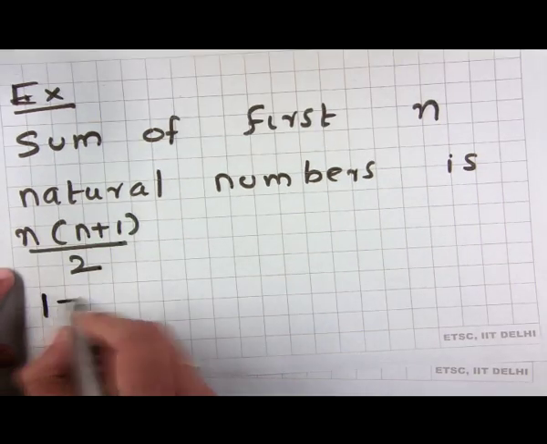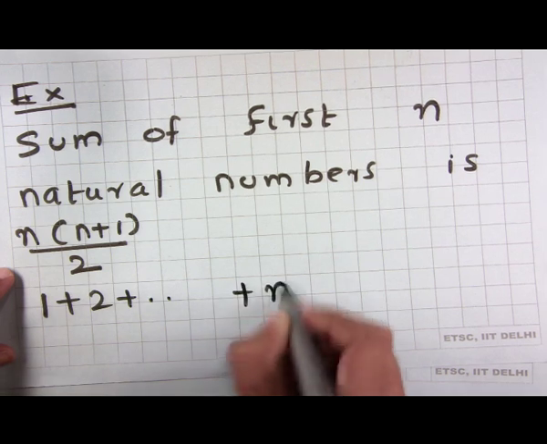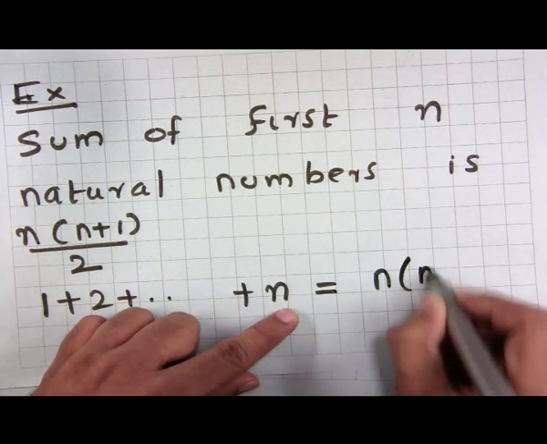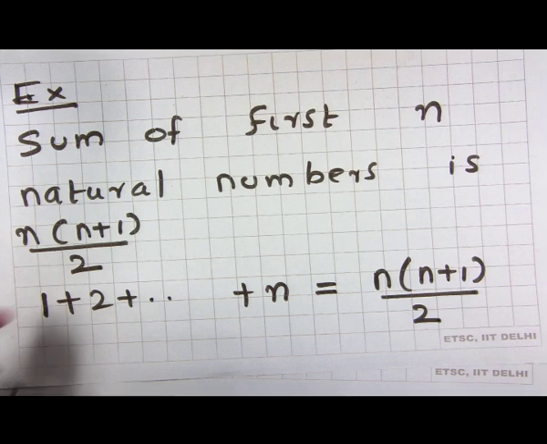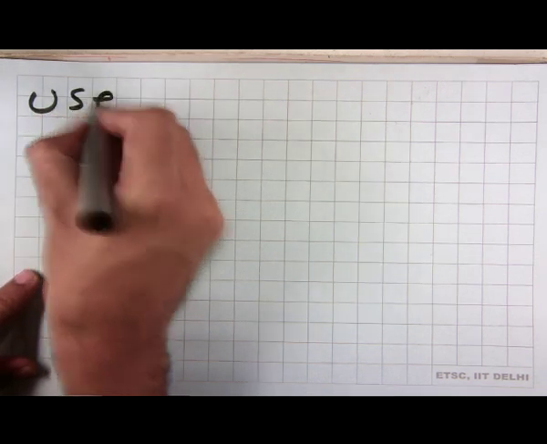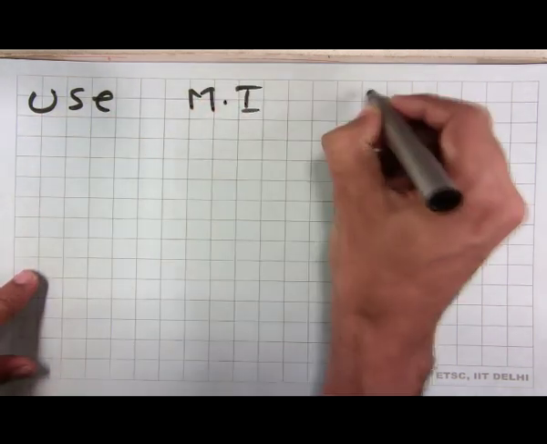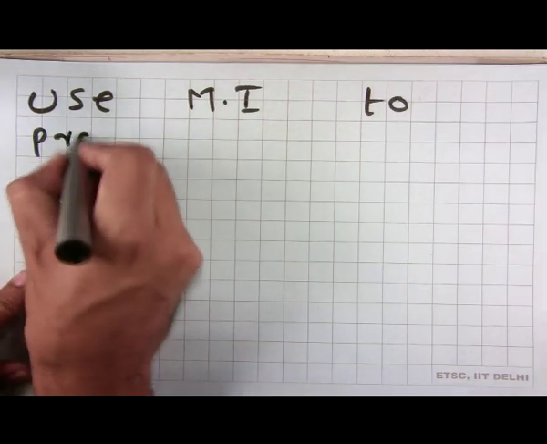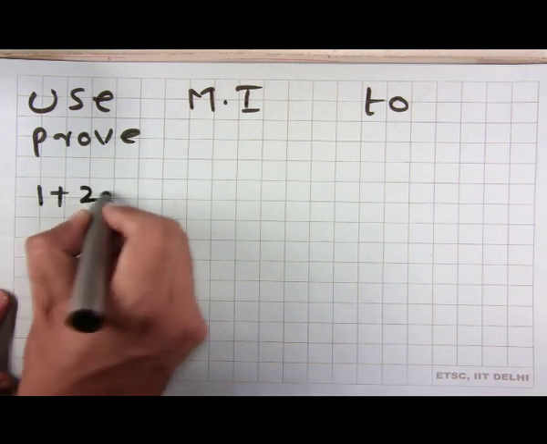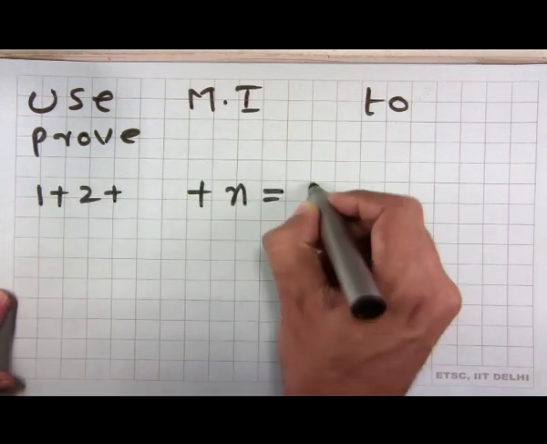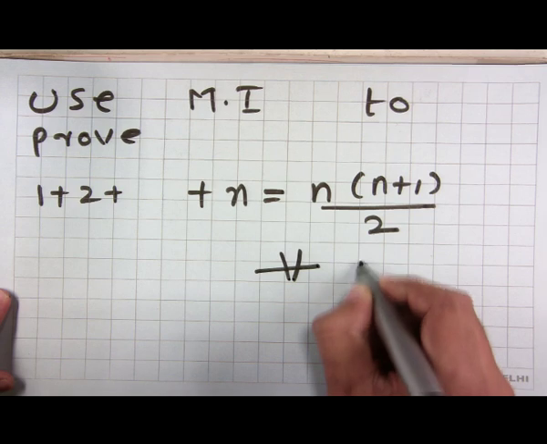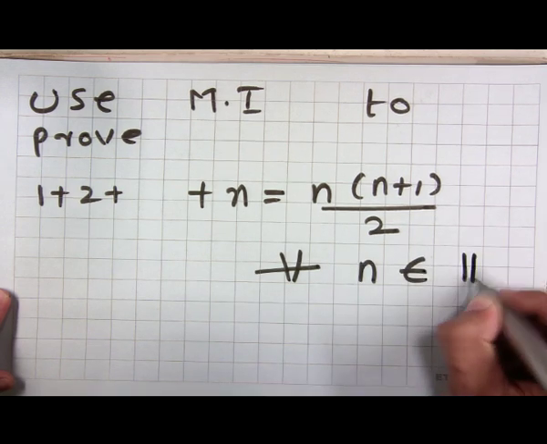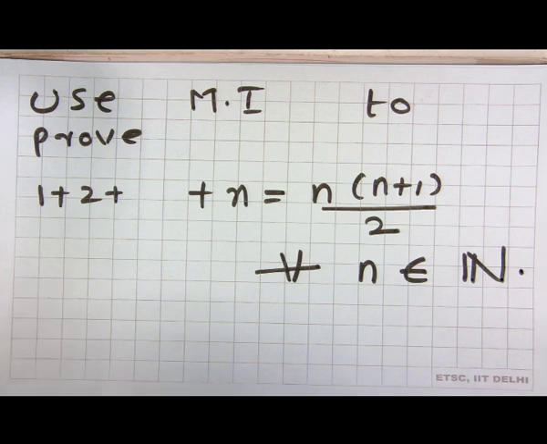That is 1 plus 2 plus etcetera plus n is equal to n into n plus 1 by 2. What we have asked is use mathematical induction to prove 1 plus 2 plus etcetera plus n is equal to n into n plus 1 by 2 for every n from the set of natural numbers capital N.